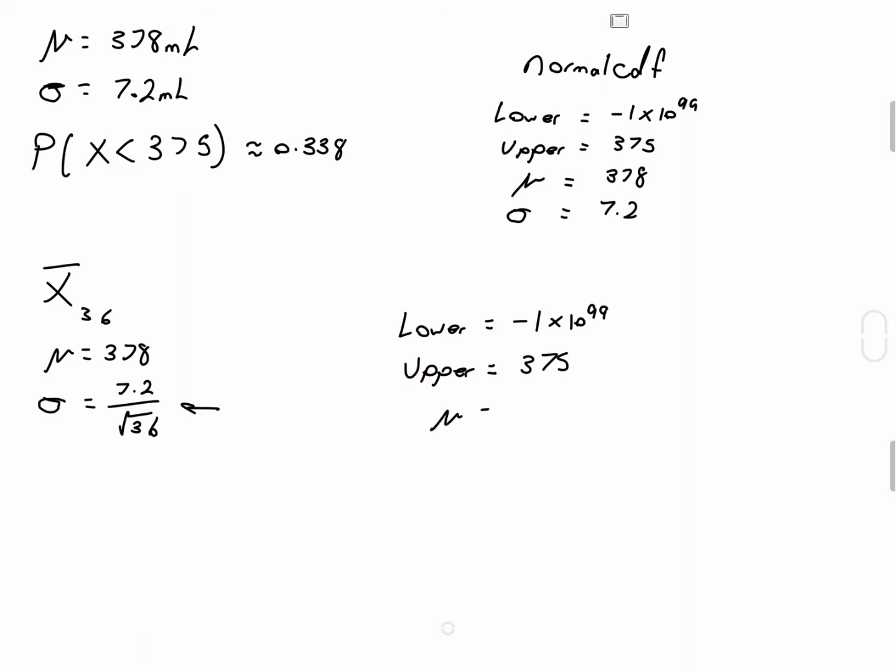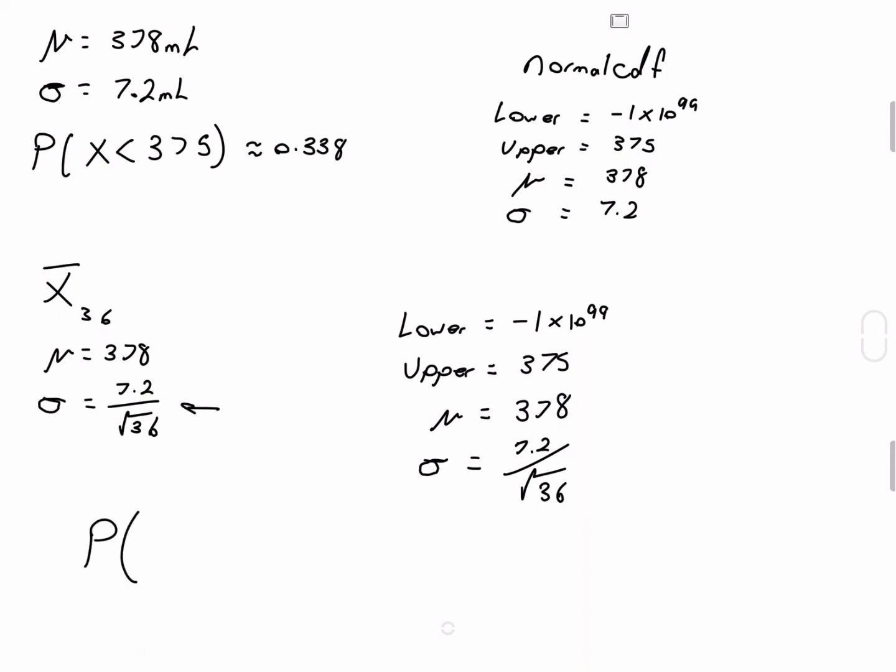Our mean being equal to 378, but our standard deviation is going to be equal to 7.2 divided by the square root of, not 45, 36.